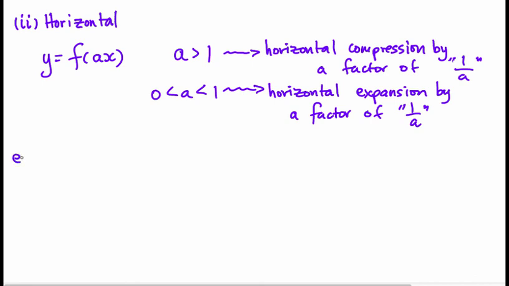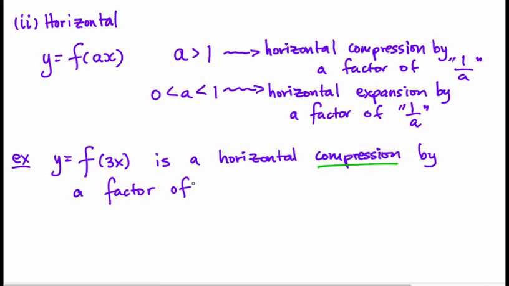Let's take a look at an example of this. If I have y equals f of 3x, then the a value is 3, which is bigger than 1. So this is a horizontal compression by a factor of 1 over 3, 1/3. So let's just pretend that my original graph was an absolute value graph.